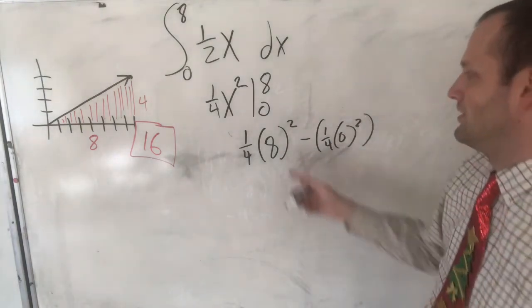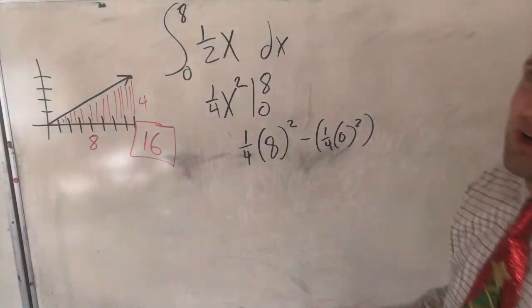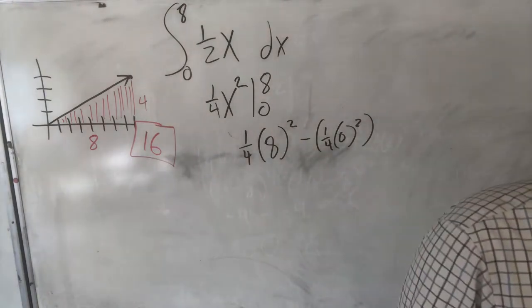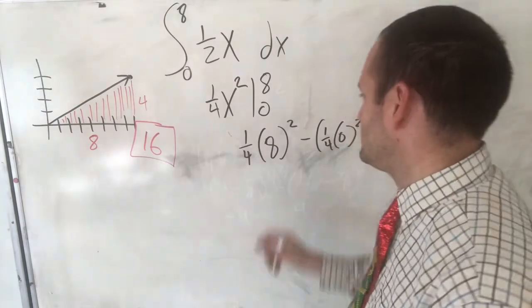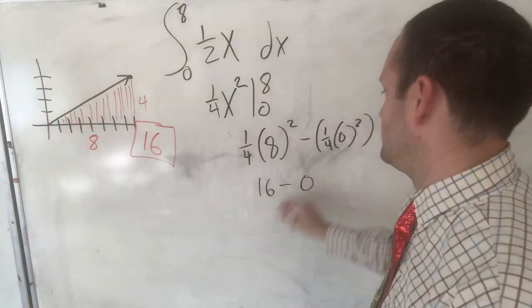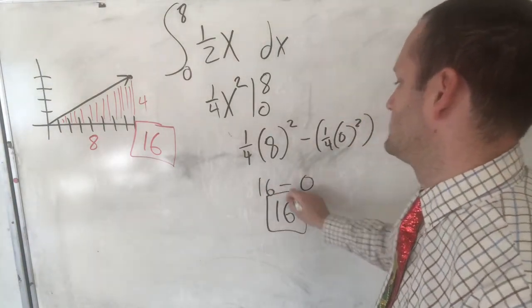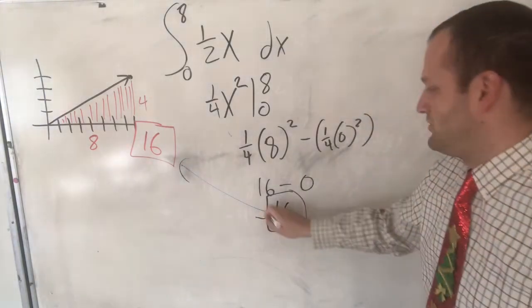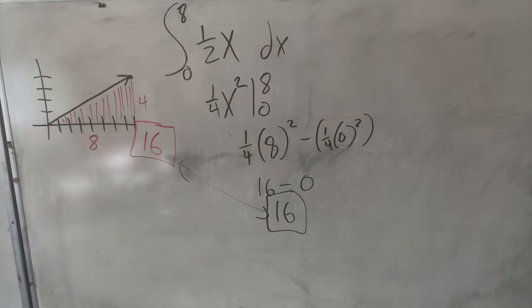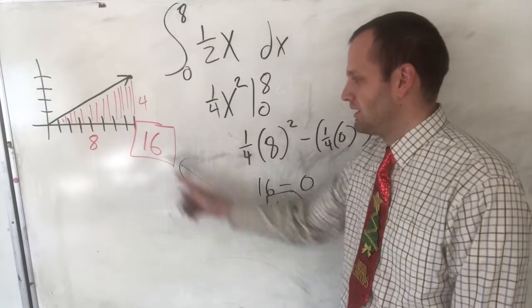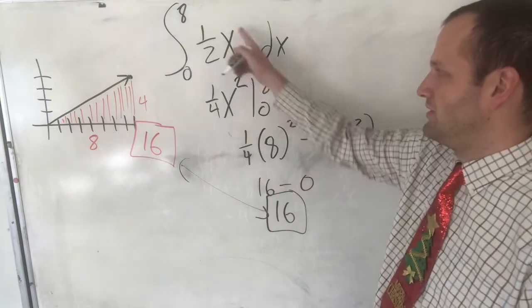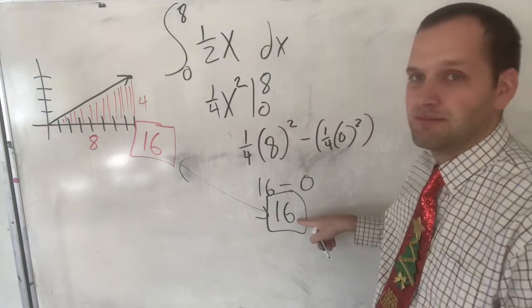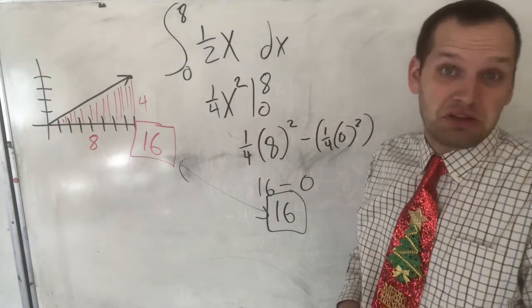That's basically what we're saying. Well, that's 64. 64 divided by 4 is 16. Minus 0, 16. Hey, we got the same answer as just doing it geometrically. You get the same exact answer by just integrating. It's kind of cool.